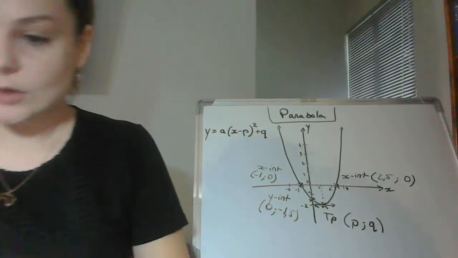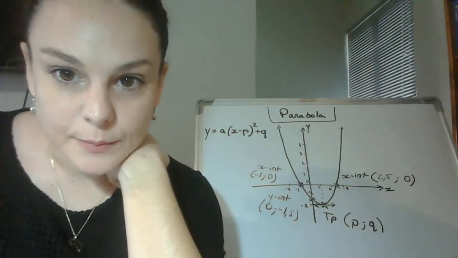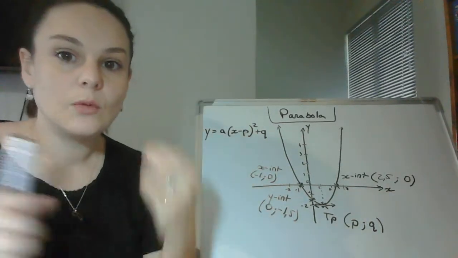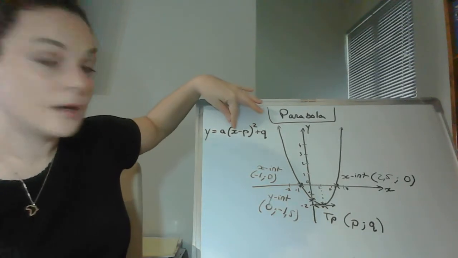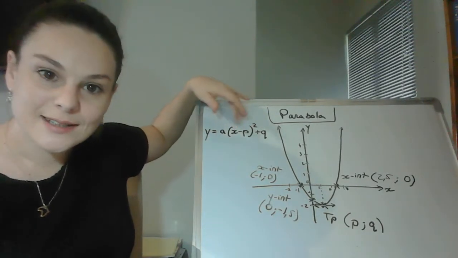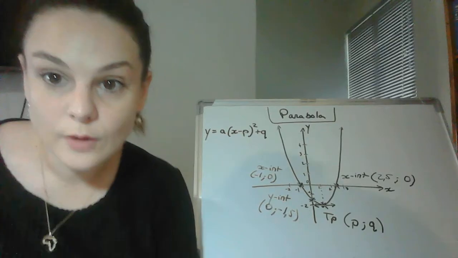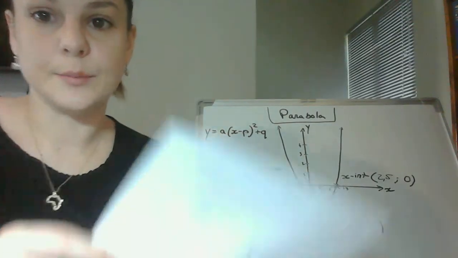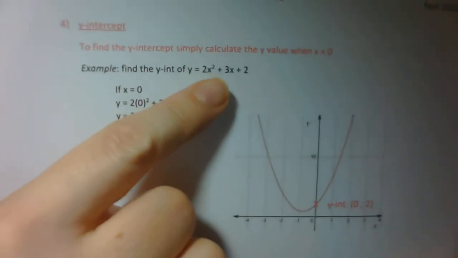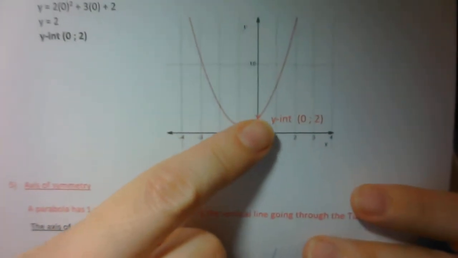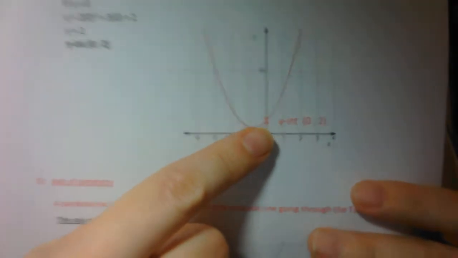Okay, to find the y-intercept, because it's always when x equals 0, you just substitute the x with a 0 and you calculate the value of the function. That's very simple. So for instance here, we had this equation, and I was not able to read on the graph precisely what was the value for y.